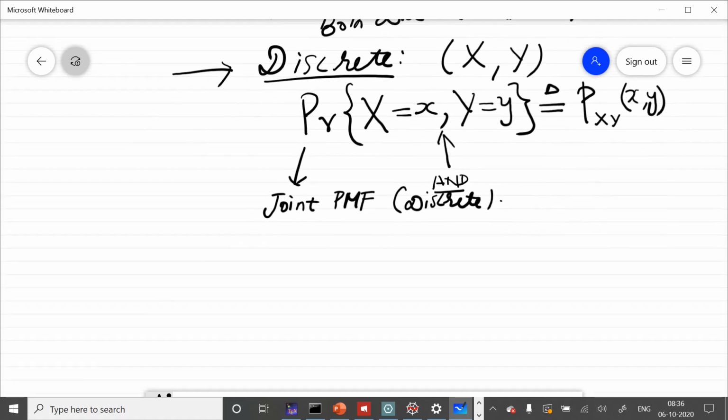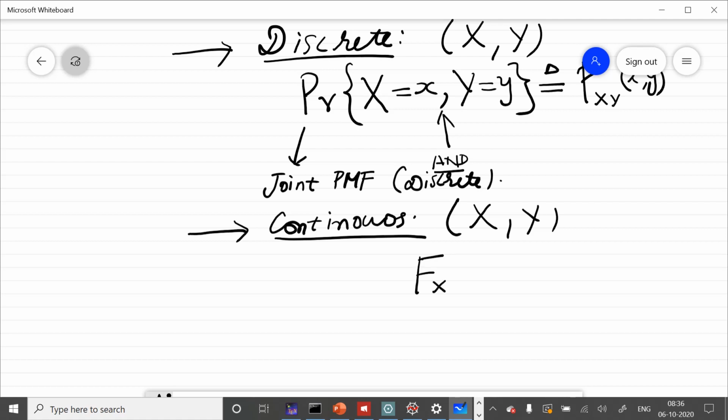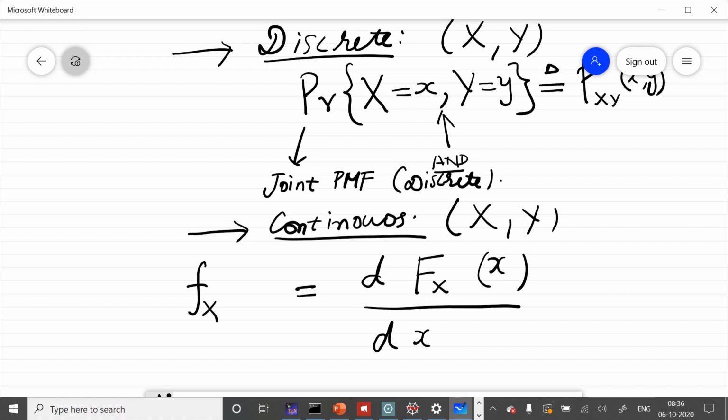Okay, now what can we do in the case of continuous? So you have a continuous pair of random variables. If you remember, in the single variable case, you would differentiate the CDF with respect to x, and you would get the PDF, the probability density function. Now we have two random variables.